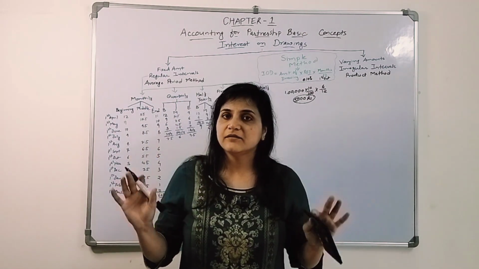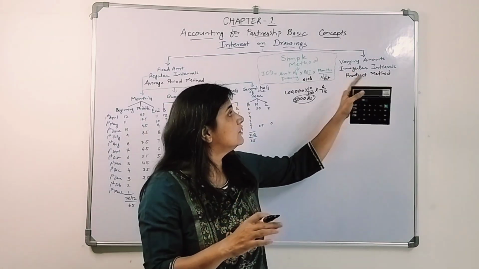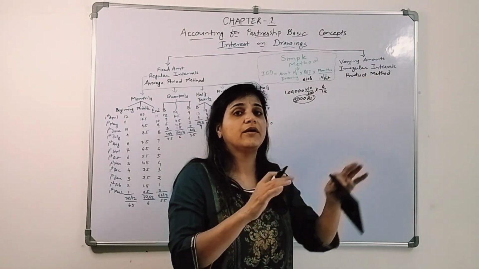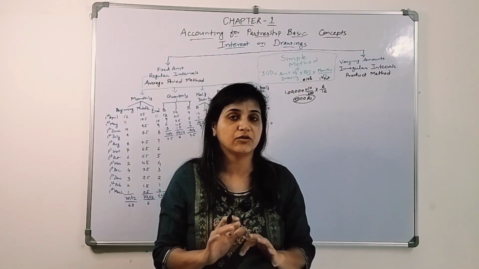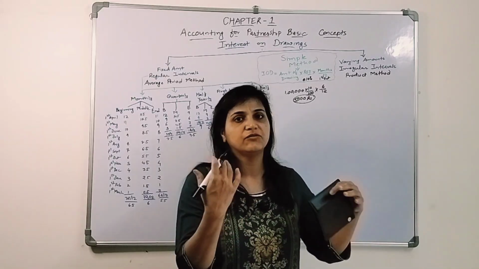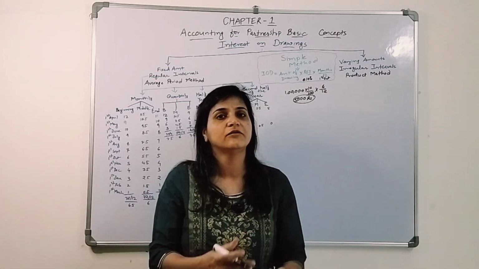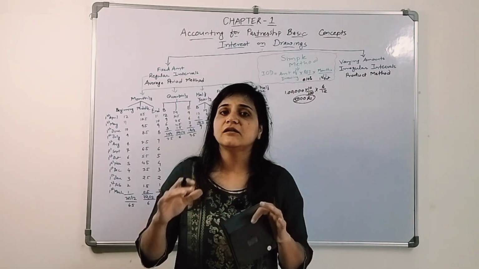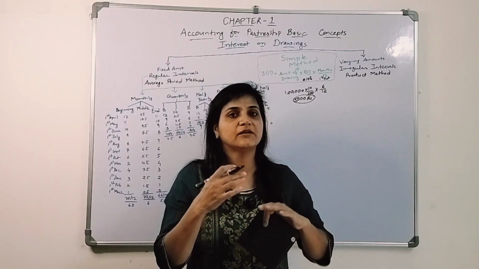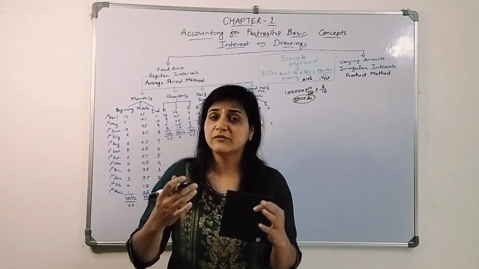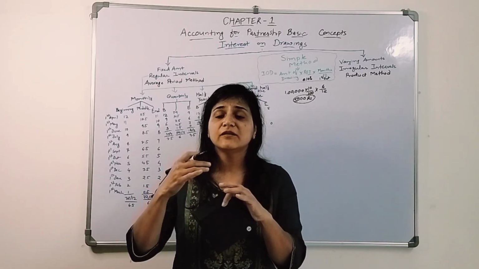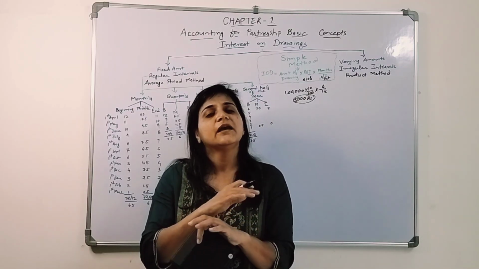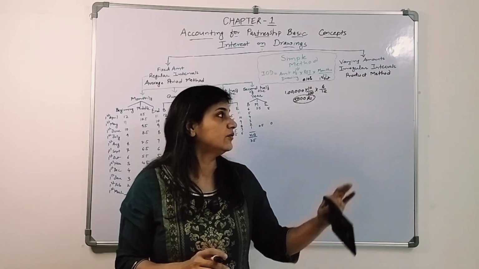Now why is there such a difference? Because in the product method, the partner is withdrawing varying amounts. There is no fixed amount. Sometimes he withdraws 5,000, sometimes 15,000. And the interval is not regular. Sometimes he withdraws in April, sometimes by the end of March, sometimes in the middle of October.